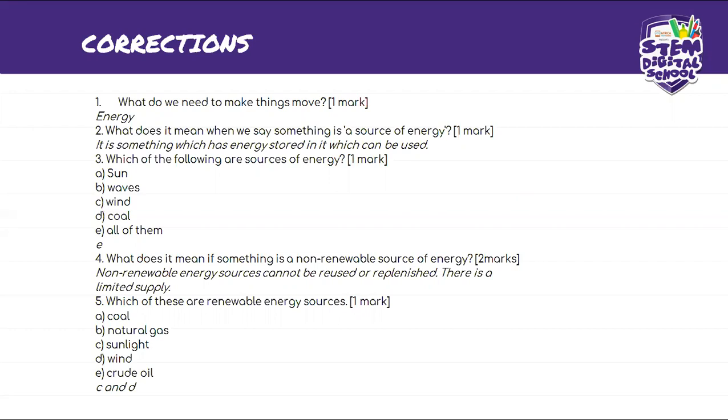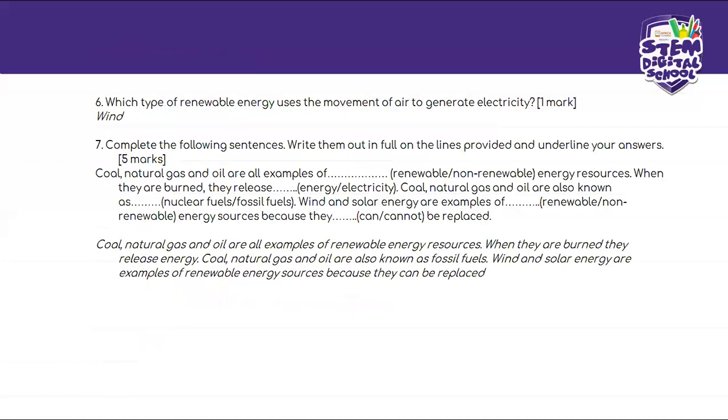So we have a C and then a D. Yes, there will always be sun and there will always be wind. So they are known as what? Renewable.